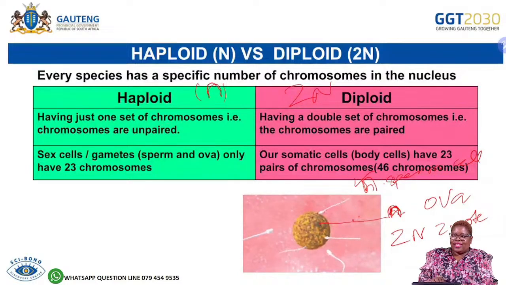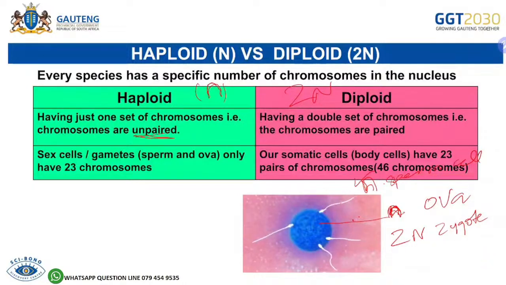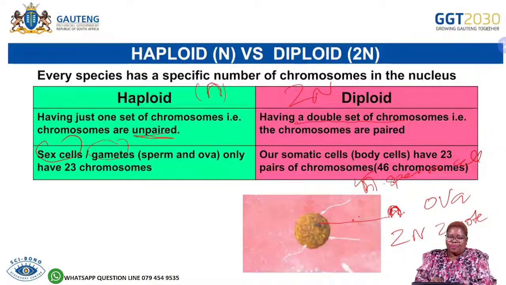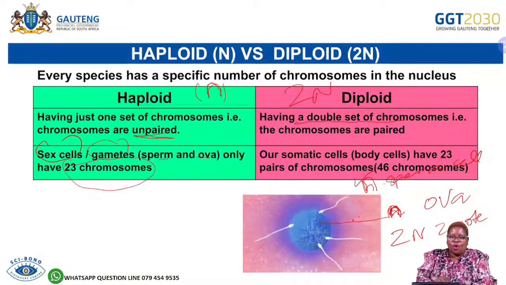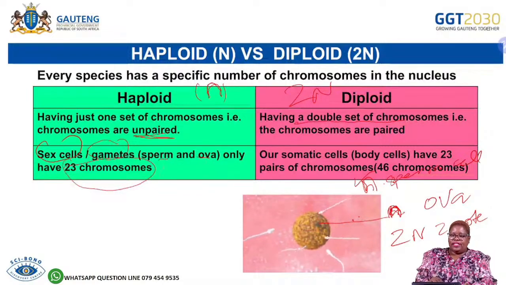Having just one set of chromosomes, where chromosomes are unpaired, is haploid, and having a double set of chromosomes, where chromosomes are paired, is diploid. Another difference is that sex cells, the gametes, the sperm cell and the ova, have 23 chromosomes. Please remember that one.